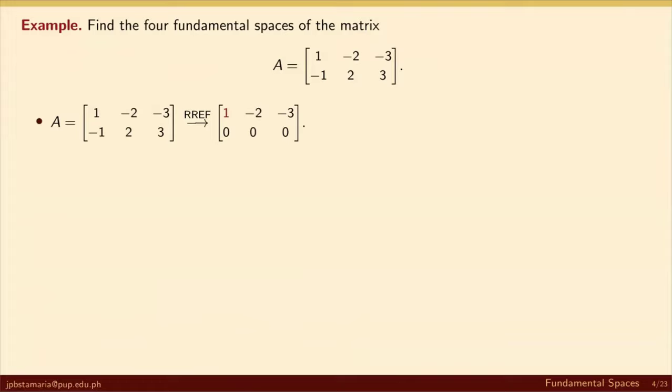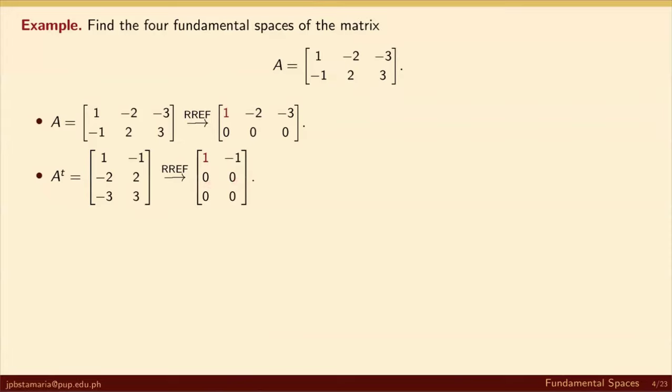Basically, the second row elements are just zeroed out. Also, to get the other two spaces, we have to look at the transpose of A. So the transpose of A is this 3 by 2 matrix. And upon doing Gauss-Jordan reduction, we see that only the first row remained. The other rows are just zeroed out.